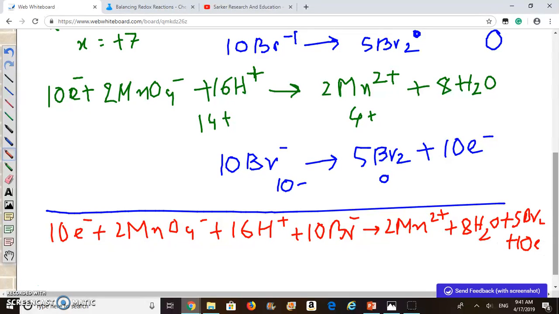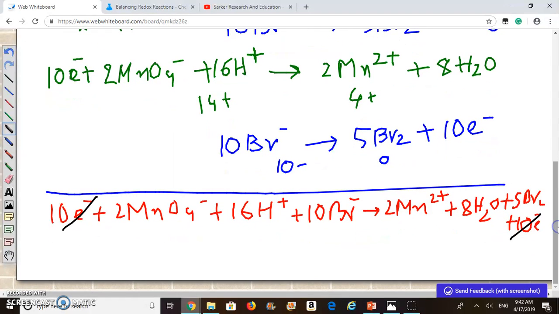Okay, then what is the next rule? We will have to cancel the electrons if they're the same, and they have to be the same. And if there is anything else common, we will have to cancel them as well. But here there is nothing else. That's it. So we got back to the original equation, which is the balanced equation.